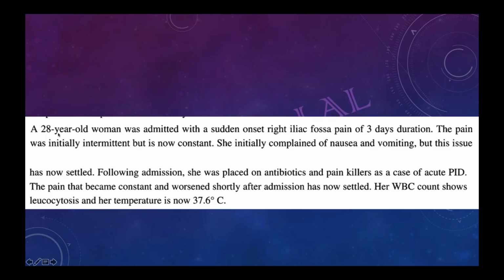Now she is a 28-year-old with intermittent pain for 3 days, nausea, vomiting. It has now settled. Antibiotics and painkillers were given, but right now she is okay. Leukocytosis, temperature is 37.6.